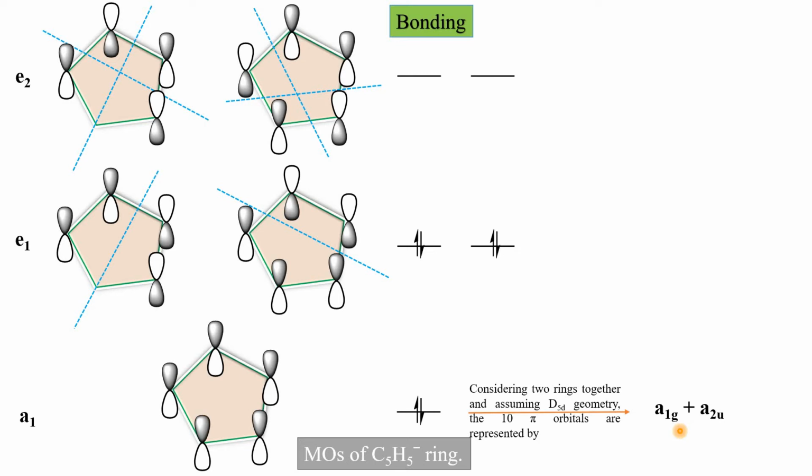For example, if you consider any of the p orbitals, px, py or pz, in a p orbital there are two lobes and the opposite lobes have opposite signs, plus and minus. If you invert through the inversion center, then you will find that the positive sign is on the negative and the negative is on the positive. So there is a change in the wave function. So it is u.